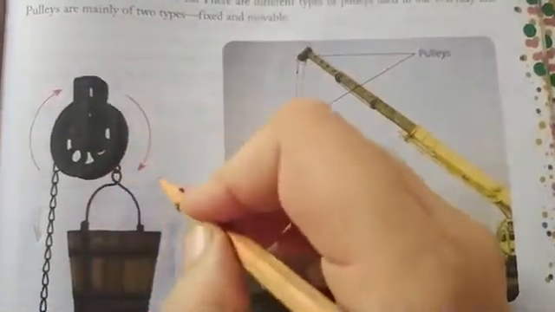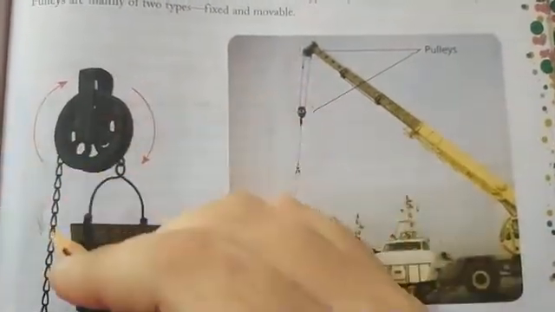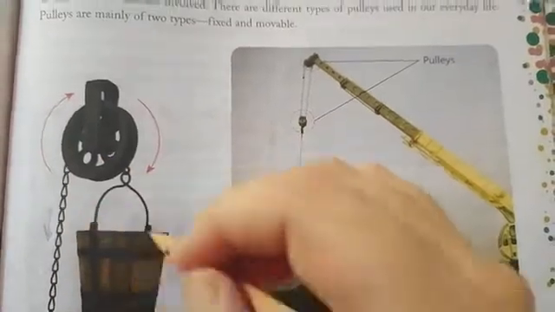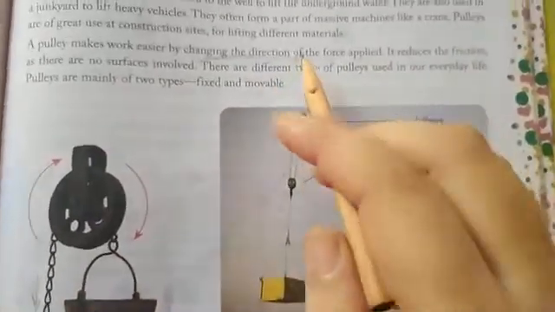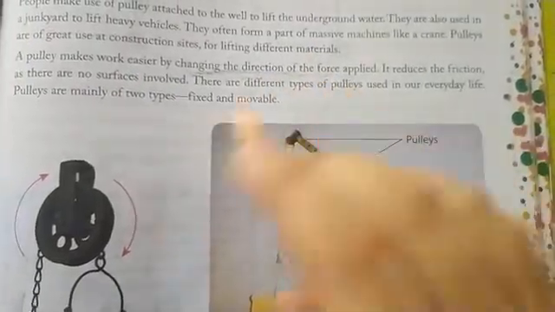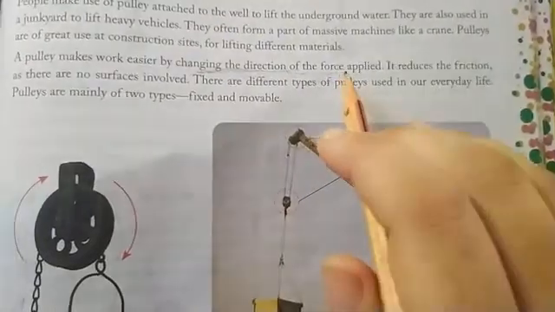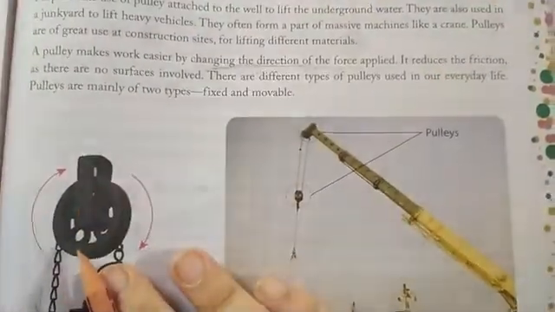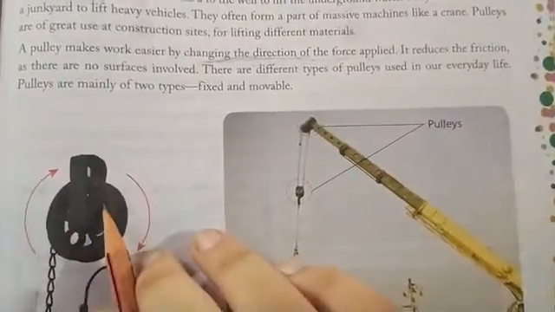So the direction of the force has been changed from upward to downward, which is very easy for us when lifting the bucket filled with water. In this way a pulley makes our work easier by changing the direction of the force applied. It also reduces the friction, as there are no surfaces involved.